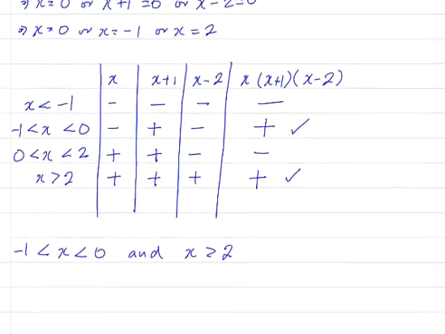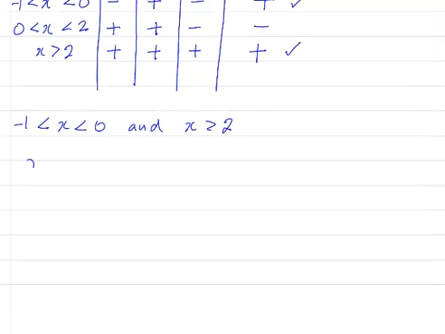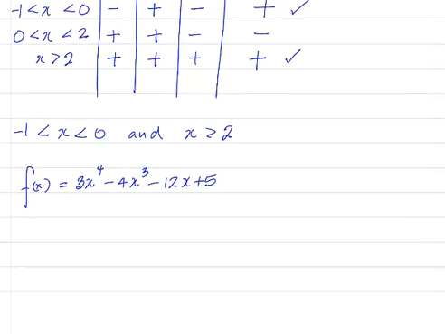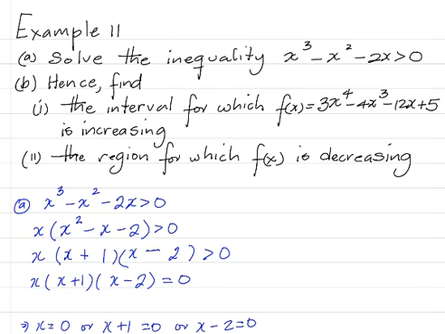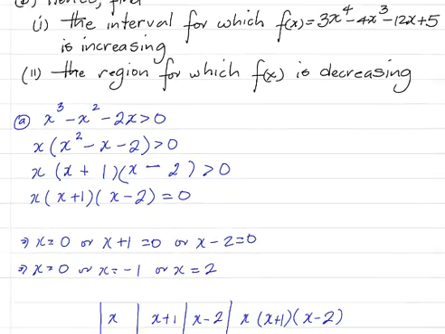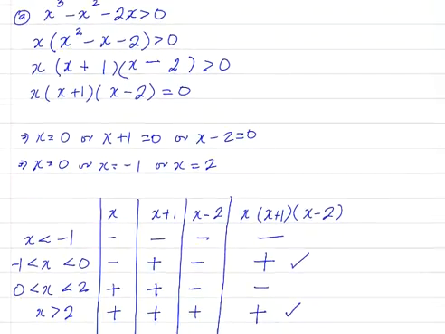So f of x is equal to 3x to the 4 minus 4x to the third minus 12x plus 5. Let's see if that was what I saw. Yep, that's exactly what I saw, so let's go back and solve this.